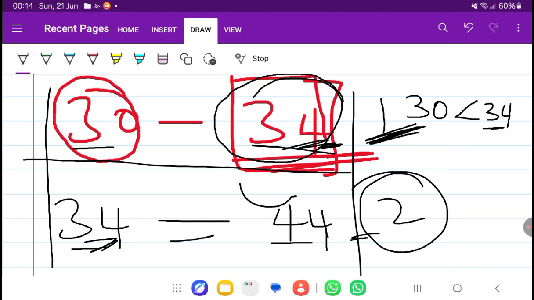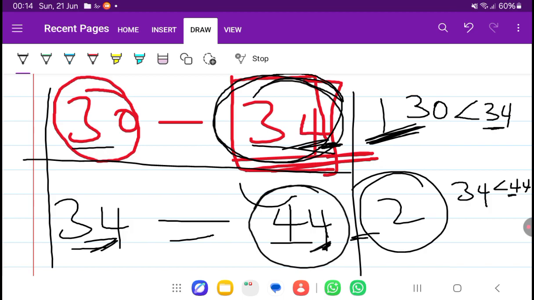And this one will actually be 34 less than 44, meaning this 44 is not inclusive in this class, but it is included in the next class. So the upper limits of each of these different classes are excluded in these classes, but they are included in the next classes. That is the implication.